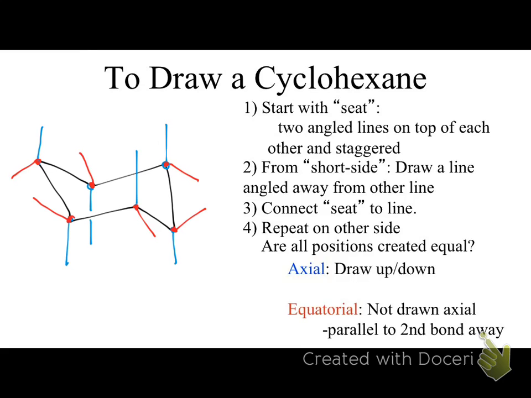Most drawings, if you look really carefully at it, your equatorial is parallel to the second bond away. So let's go through and show that in green. So there's our equatorial position. We're trying to identify where to put it. Let's count out 2 bonds away. There's 1 bond, 2 bonds. When I draw on my equatorial, you'll notice it's roughly parallel to that.